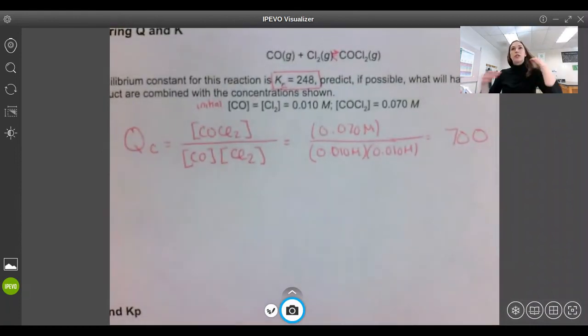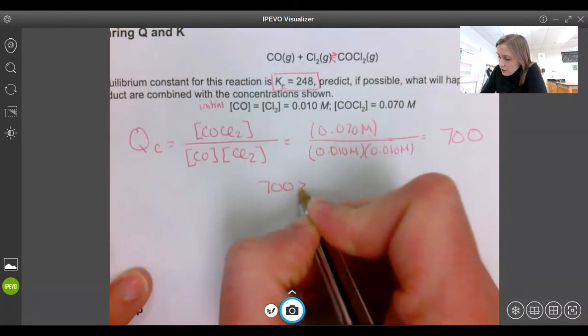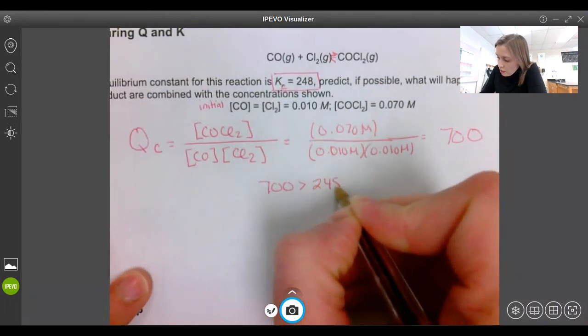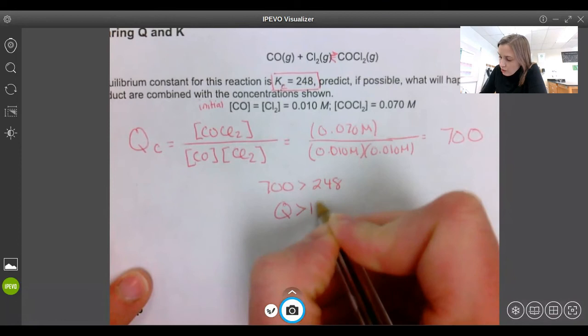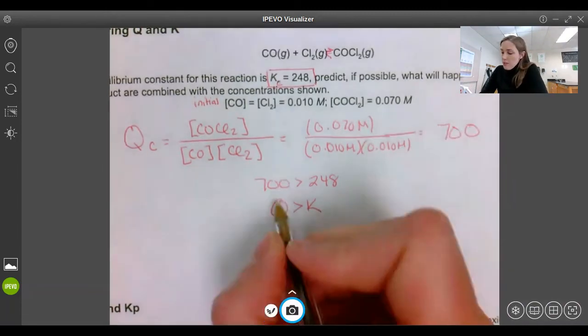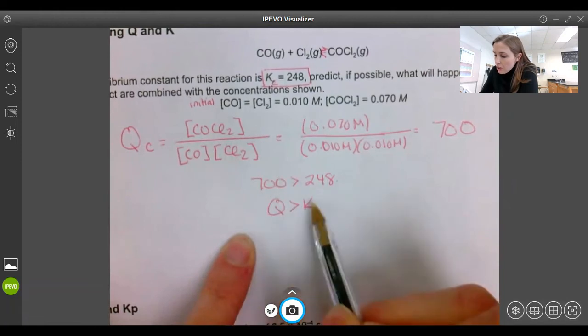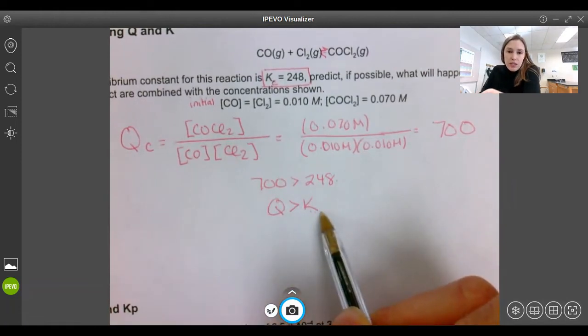Okay, so what is the importance of that value? So if you think about the fact that 700 is going to be greater than our 248, so Q is greater than K, that's going to tell us which way this reaction has to proceed in order to reach equilibrium. So if you think about, again, this idea of products over reactants, Q has to equal K in order to be at equilibrium.